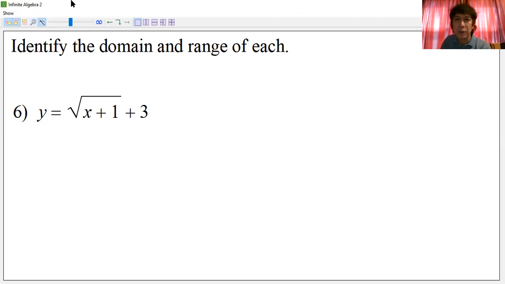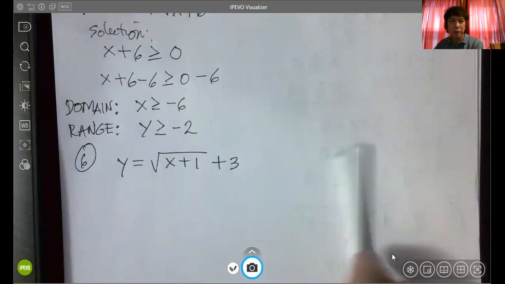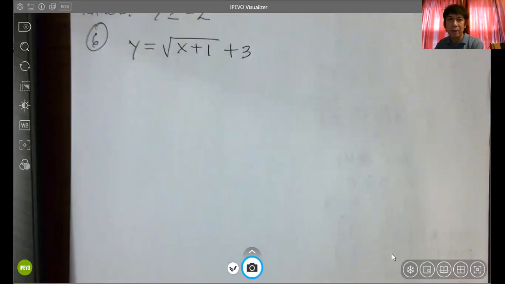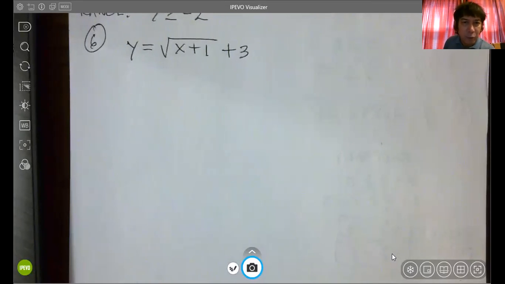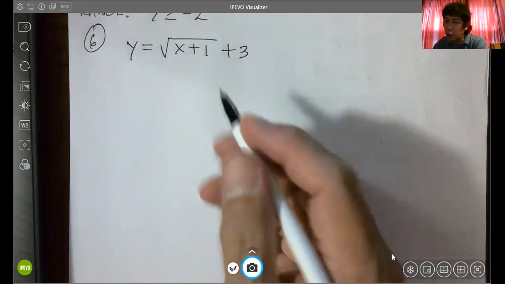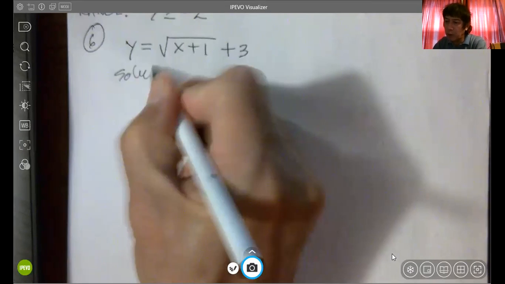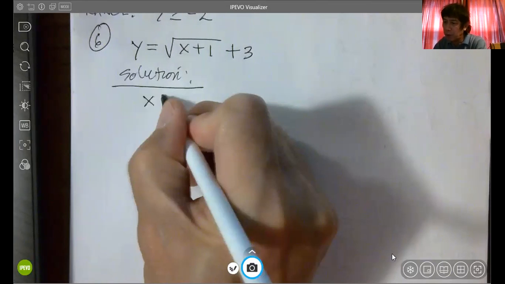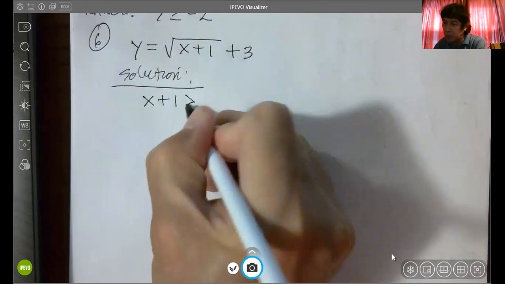We shall see the paper solution. y is equal to square root of x plus 1 plus 3. Again, that x plus 1 radicand cannot be negative. So we shall start by relating x plus 1 as greater or equal to 0.